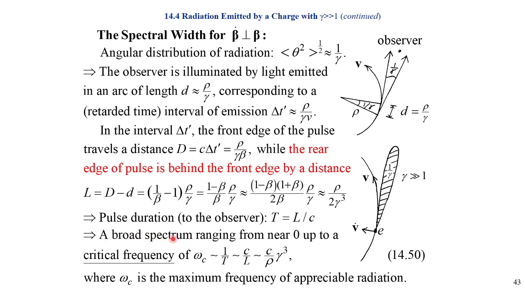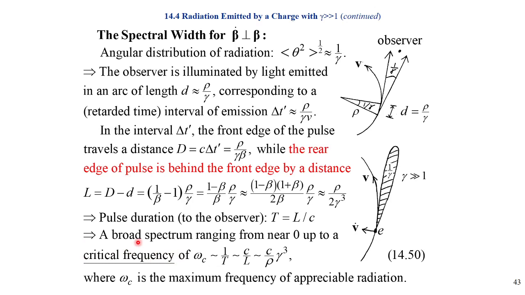So the spectrum is also finite. We know the highest frequency will be the critical frequency. Actually, there will be frequencies beyond the critical frequency, but that is not very large.